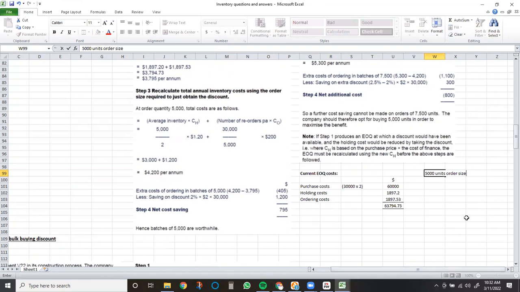So we had here holding cost was 3,000 and ordering cost 1,200.